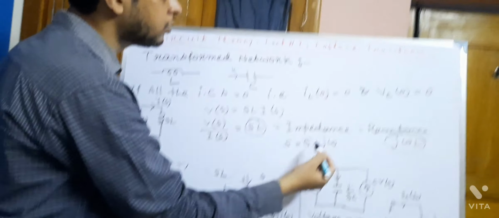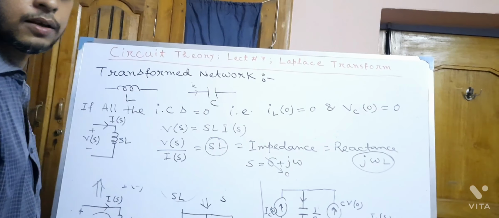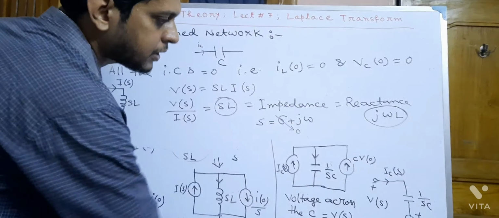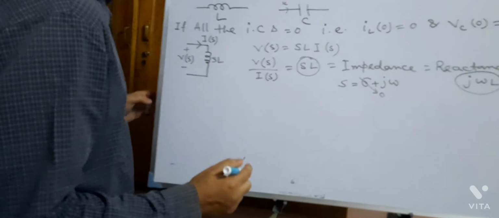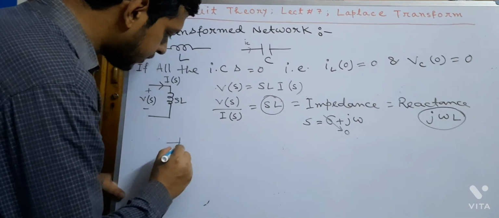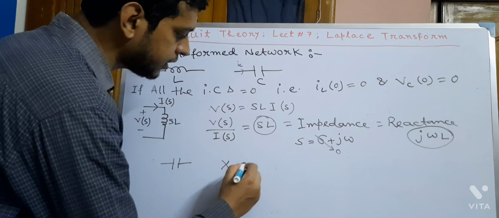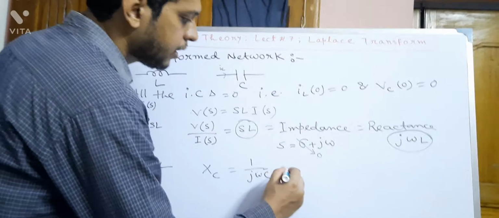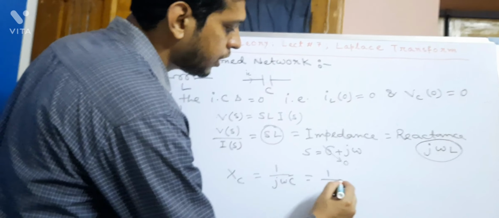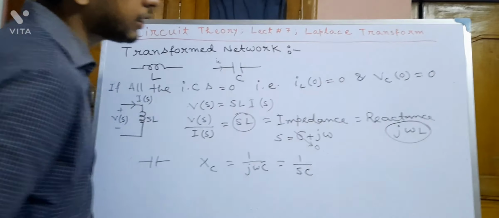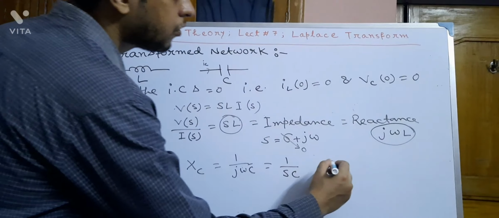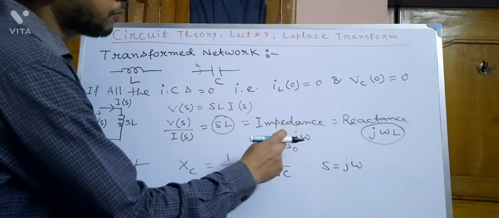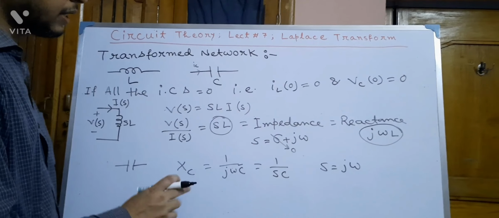So if sigma is 0, S is equal to J omega. In the case of the capacitor, Xc was 1 by J omega C, and in S domain the equivalent reactance equals 1 by SC, as there is no attenuation or amplification here.